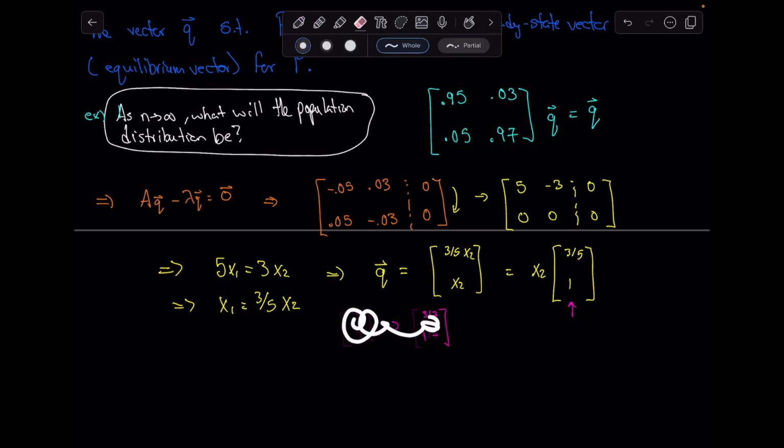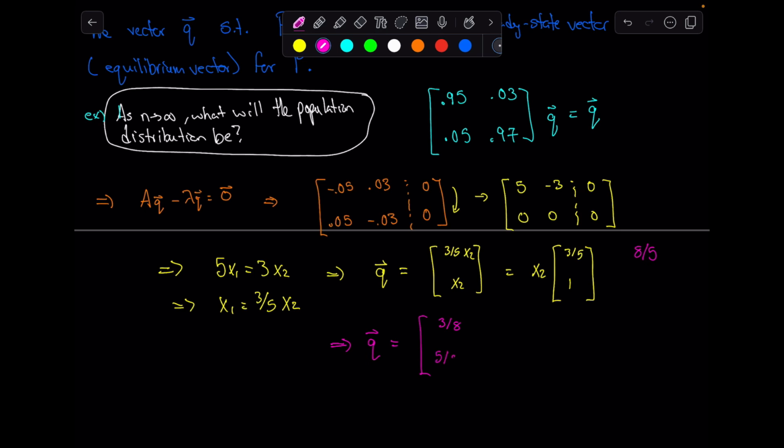So here, in this particular example, we've solved it and said, oh, our steady state vector here is 3/5 and 1. But because those add up to 8/5, we're going to divide 3/5 by 8/5, and so this implies that our steady state vector, once I divide 3/5 by 8/5, I'm going to get 3/8 in the top, and then if I divide 1 by 8/5, I'm going to get 5/8 in the bottom.